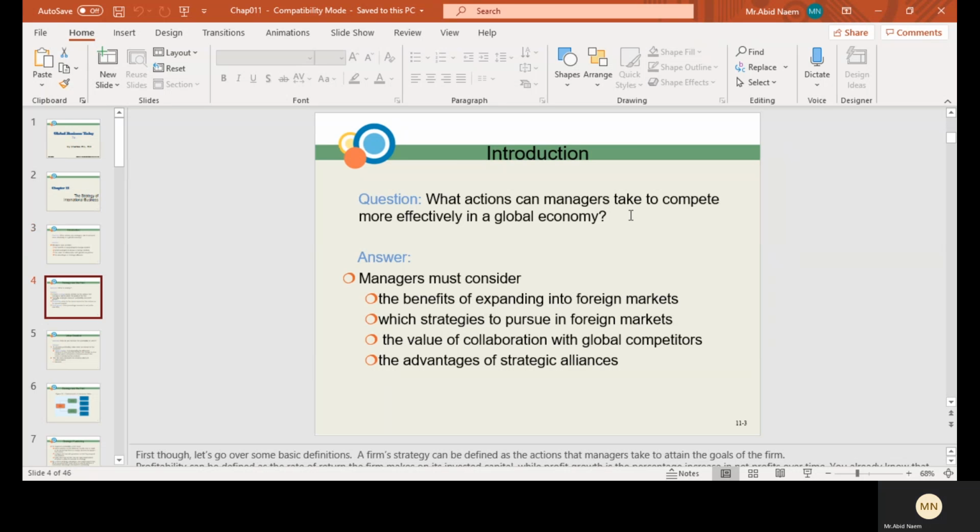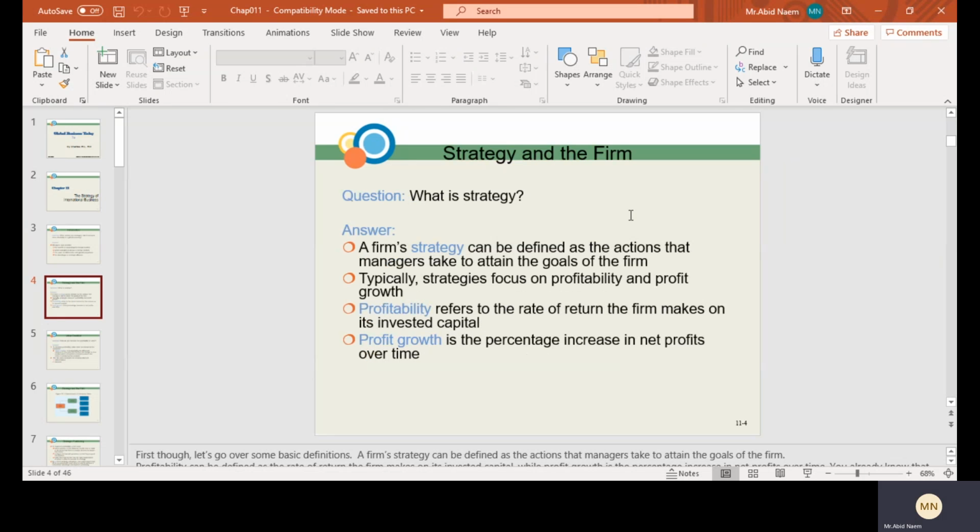So let's clear the definition of strategy. A firm strategy can be defined as the actions that managers take to attain the goals of the firm. Typically, strategic focus on profitability and profit growth are the two main concerns for any firm when they want to expand their business. What we mean by profitability is the rate of return the firm makes on its invested capital.